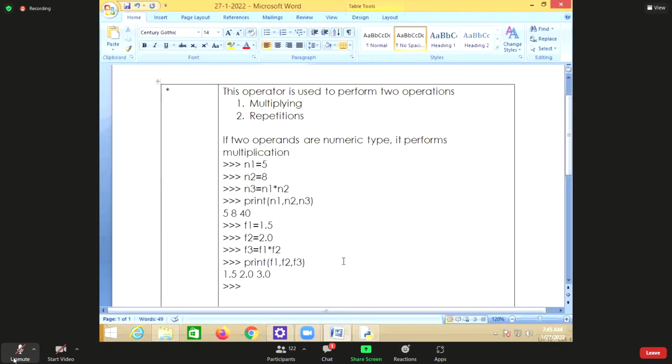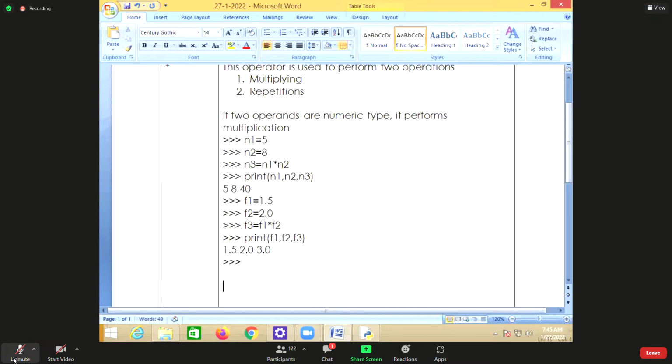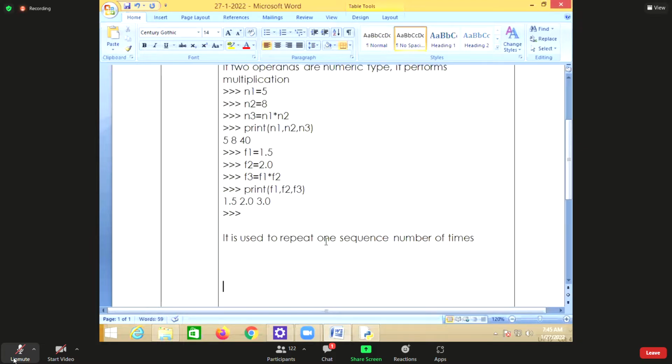When will it do the repetition? It is used to repeat one sequence number of times. If you want to repeat one sequence, for example string, list, all these are called sequences.